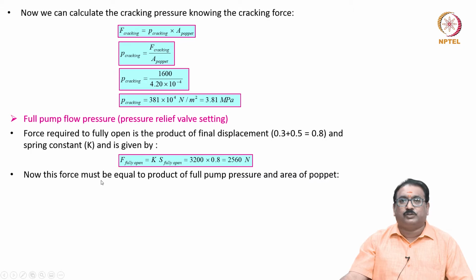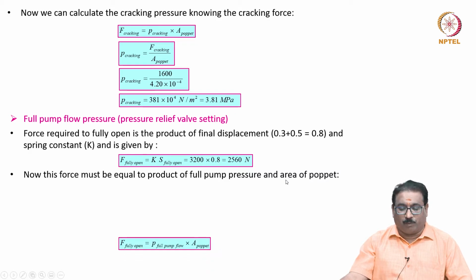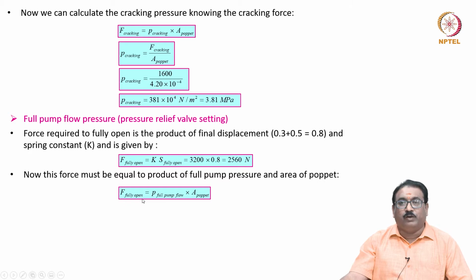Now, this force must be equal to the product of full pump flow pressure and the area of the poppet, meaning F fully open equals P full open into area of the poppet. What will you do now? The pressure of the full pump flow is F fully open divided by A poppet.